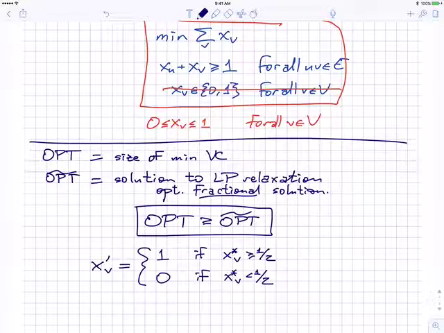So I'm just going to round to the nearest integer, and following the rule that you learned in 4th grade, always round 1/2 up. Okay? So one of the simplest possible things you can do.